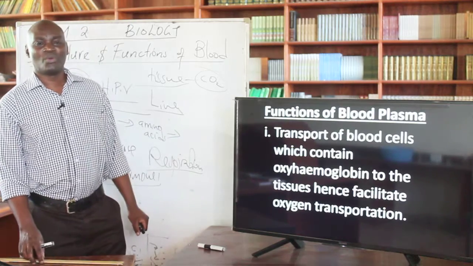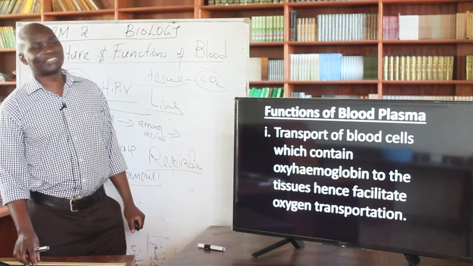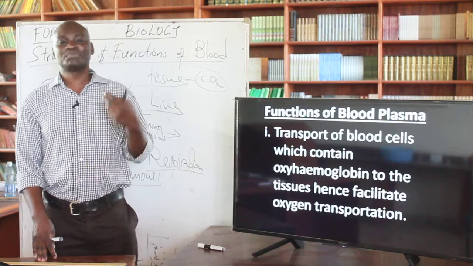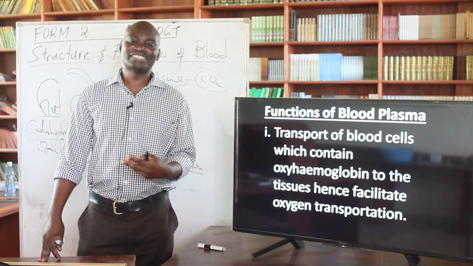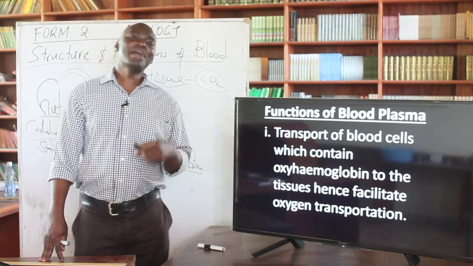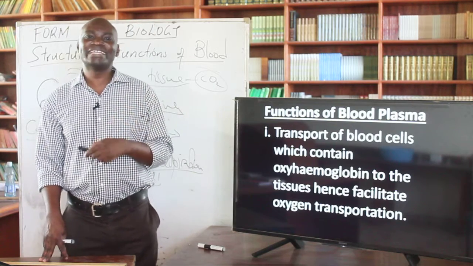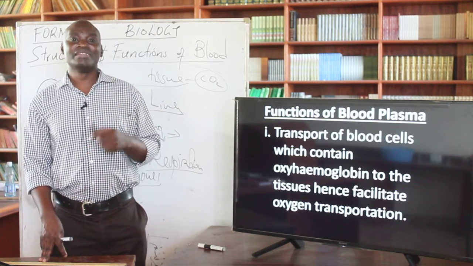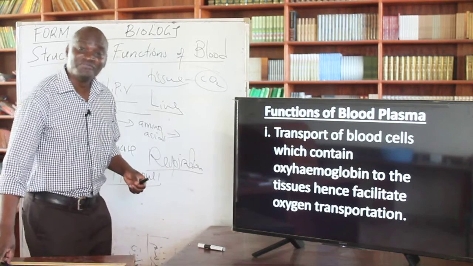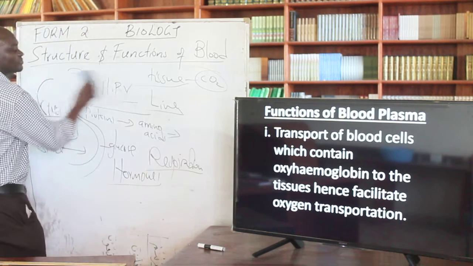Finally, why is plasma important? Why must you have plasma as part of the circulatory system, as part of the blood? Now, plasma contains suspended cells, and we know that some of these cells are involved in transportation.